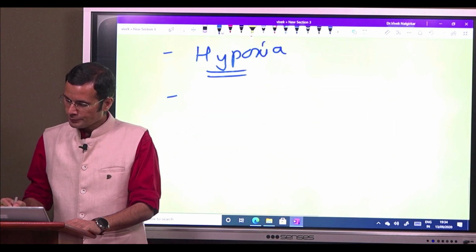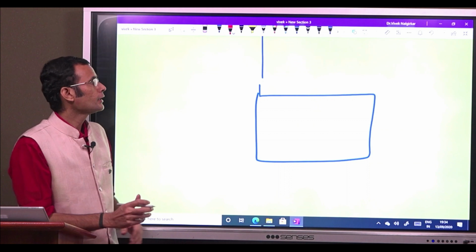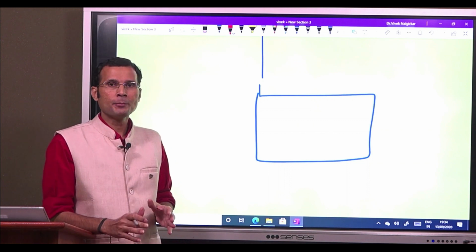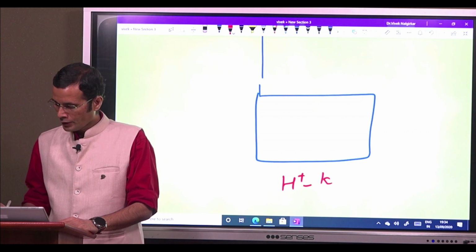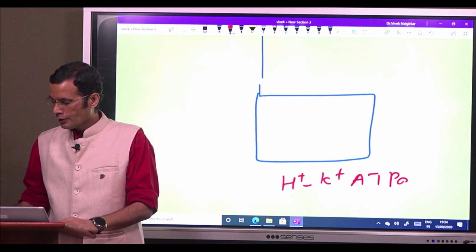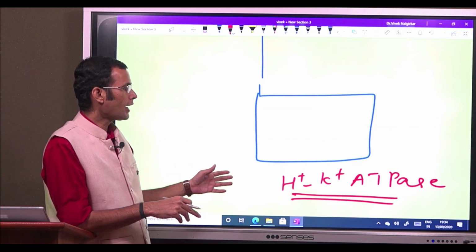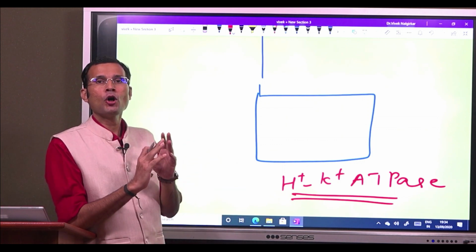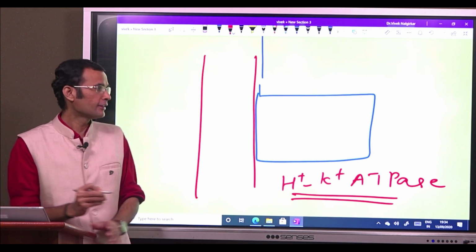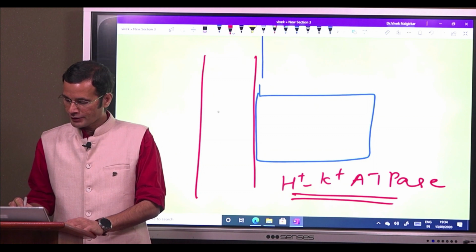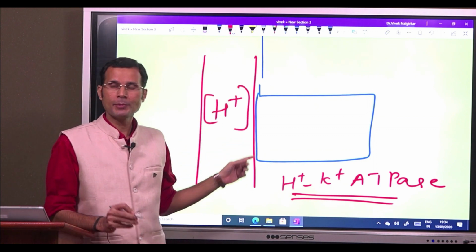Let's just see here. The cells also have the H plus K plus ATPase. This pump is going to send the hydrogen ion and potassium ion in opposite directions. So, let's say there is acidosis and the H plus concentration has increased in the plasma.